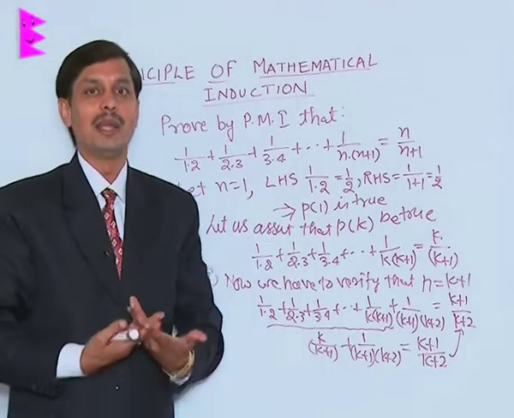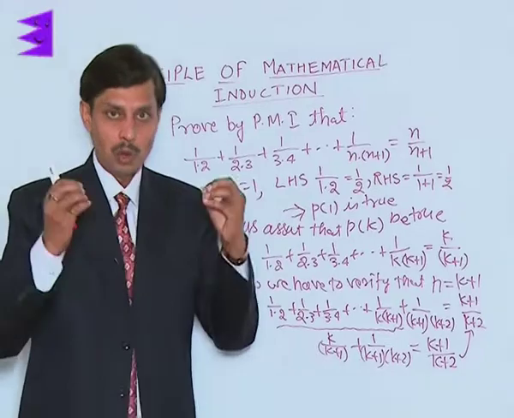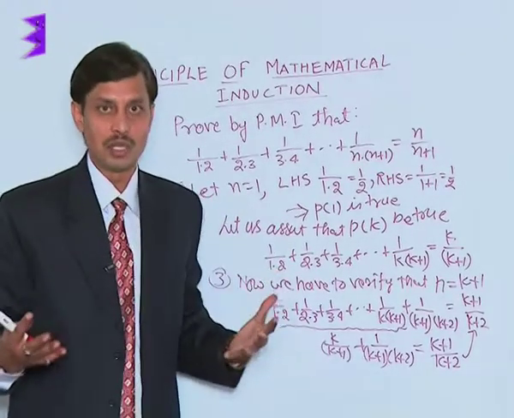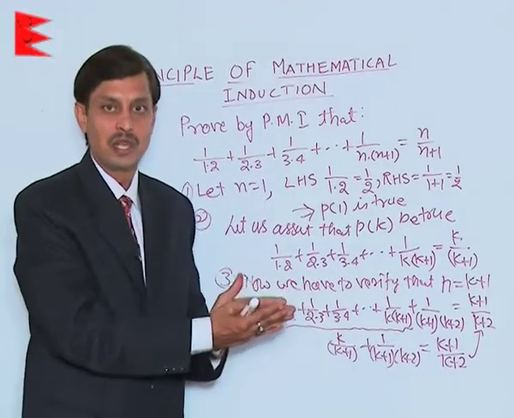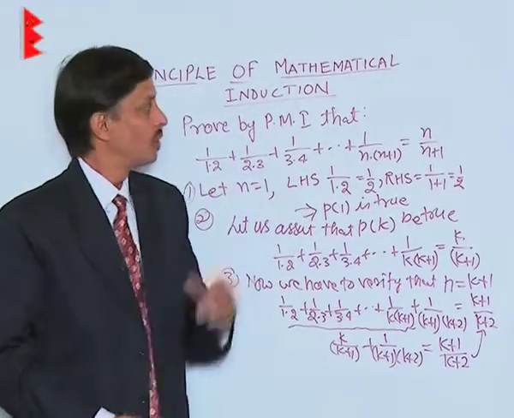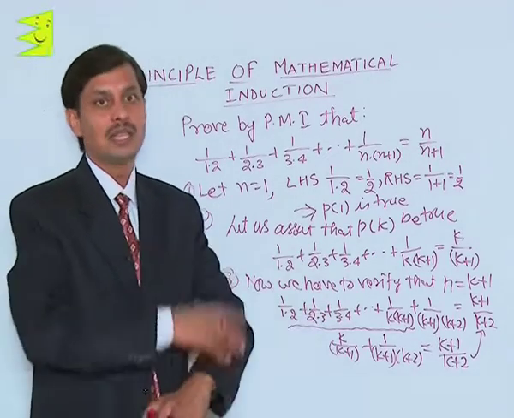So any mathematical statement can be proved not only by AP, GP or some other special sequences. There is a method which proves the statement in a few steps, known as the method of induction, and it follows as I explained to you.